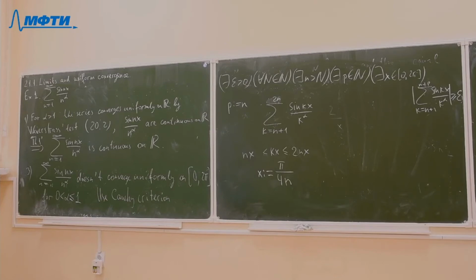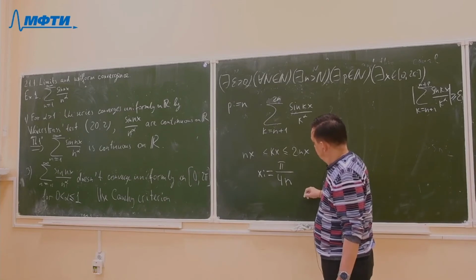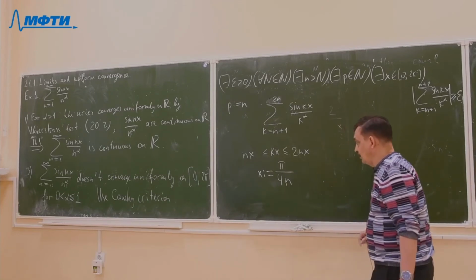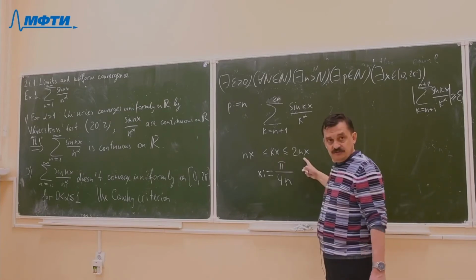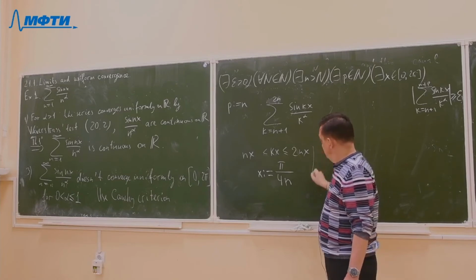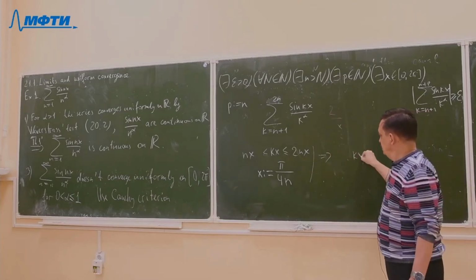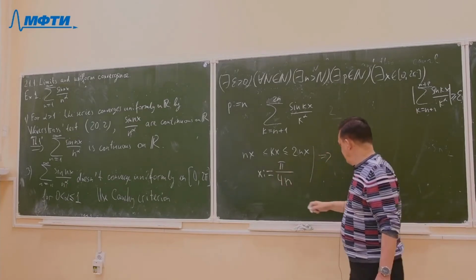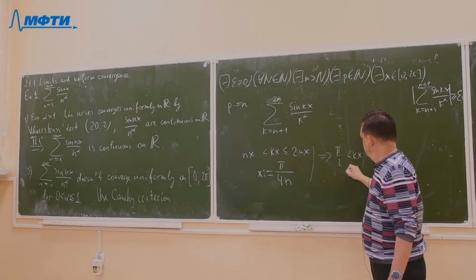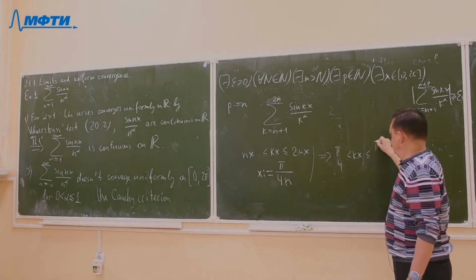Then what will we say? Look. So kx is between those, and what do we deduce from here? What is n times x? Pi over 4, and less or equal pi over 2.